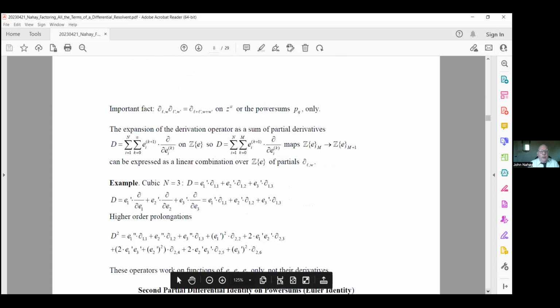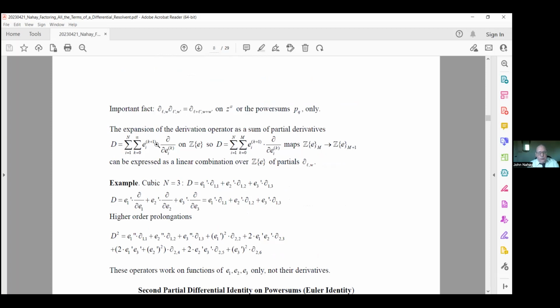Okay. So, important fact, you can actually sum the lengths: del LW on L prime W prime equals del L plus L prime, W plus W prime. Again, it operates on powers or power sums of the roots. The expansion of the total derivation in terms of those partials is given by this.